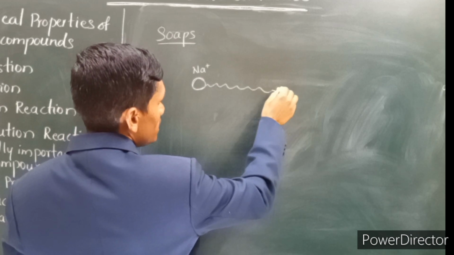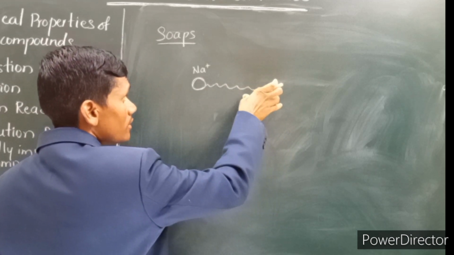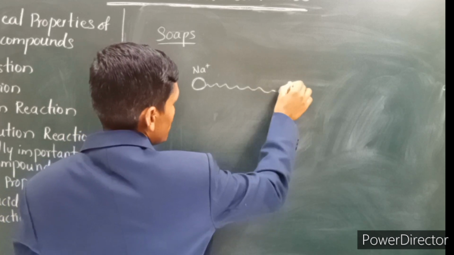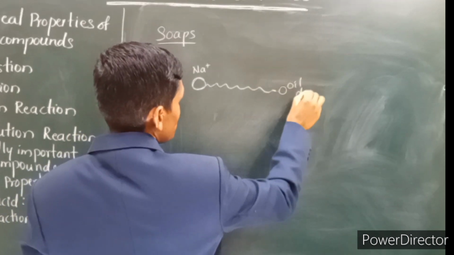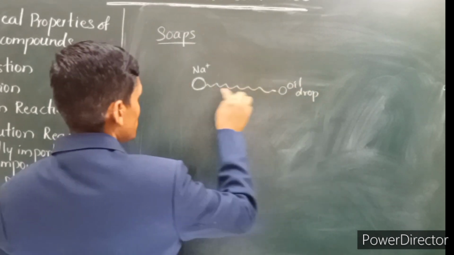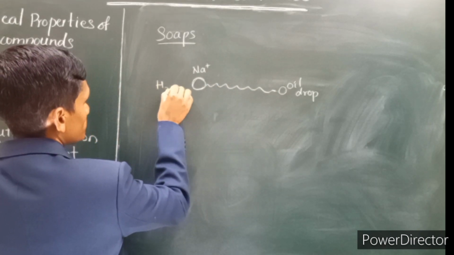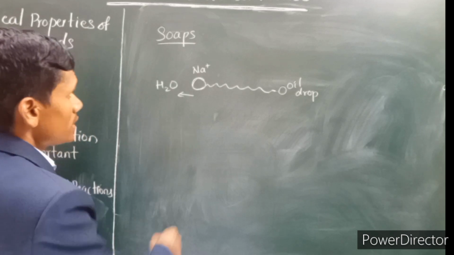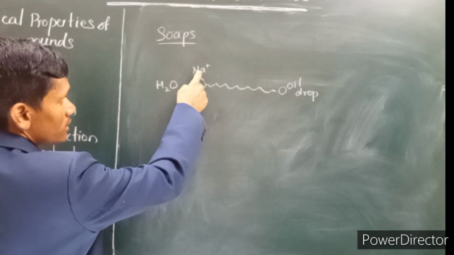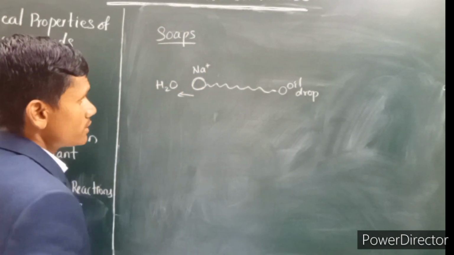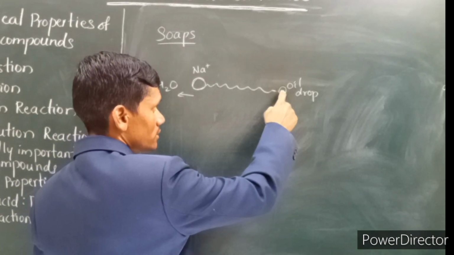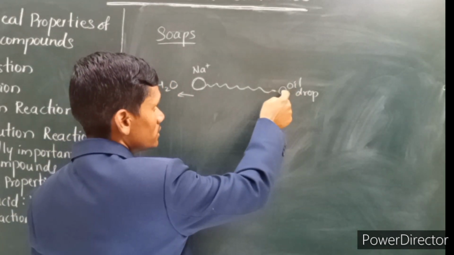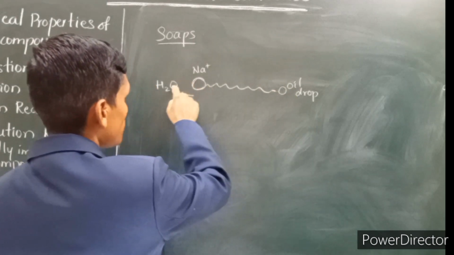This is facing towards the dirt, that is the oil drop. This is facing towards water. This is the hydrophilic end, and this is the hydrophobic end. This is moving towards the oil, attracting the oil. This is attracting the water.